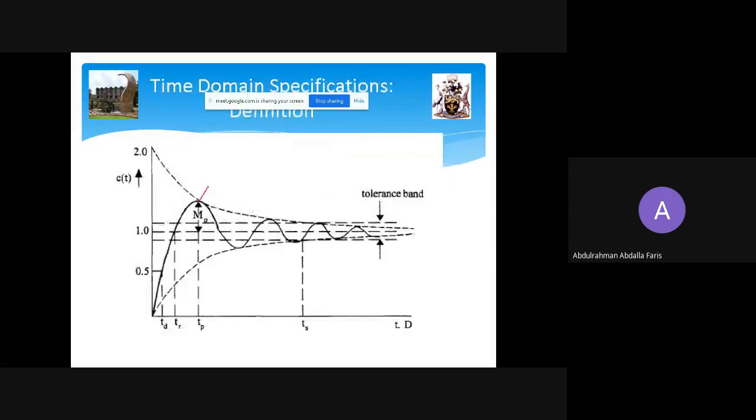This is the first highest peak, and this time is the peak time. So this is the first peak, the second peak is this, that is the third, and this is the fourth. And this is the first undershoot peak, second undershoot peak, and this the third undershoot peak.